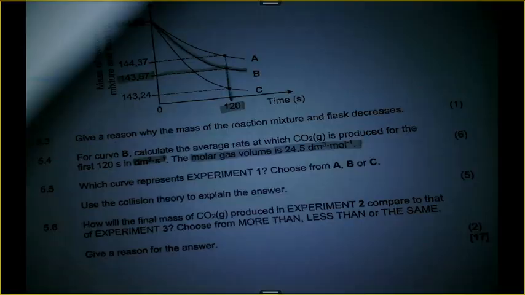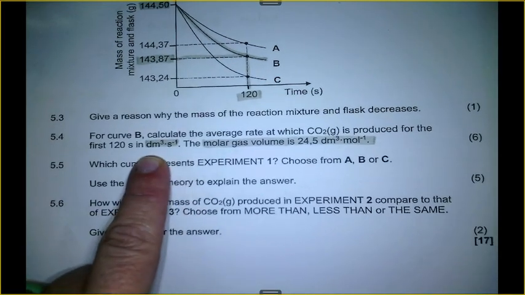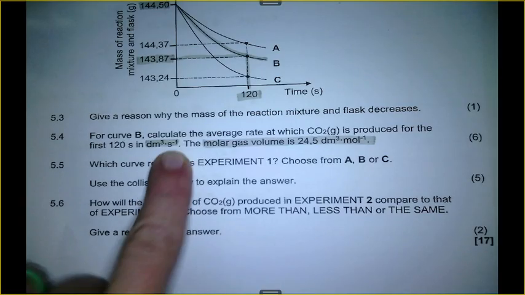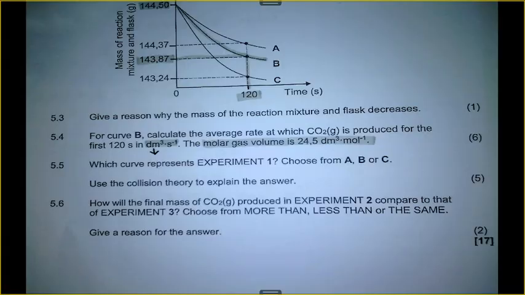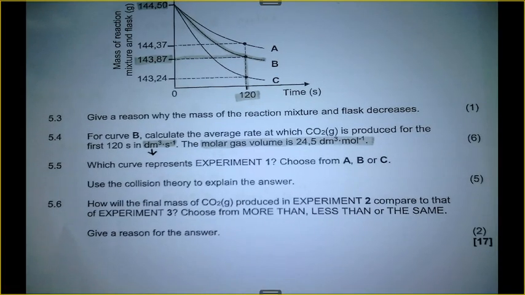But when you are asked to calculate, they give it to you as volume of gas produced per unit time. So when you are doing rates calculations, you always have to look out for the unit that they are asking you to give it in.